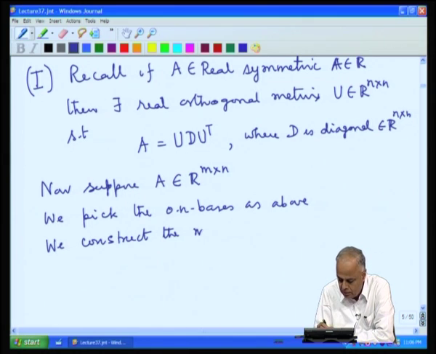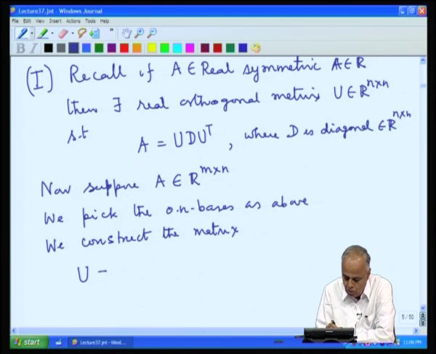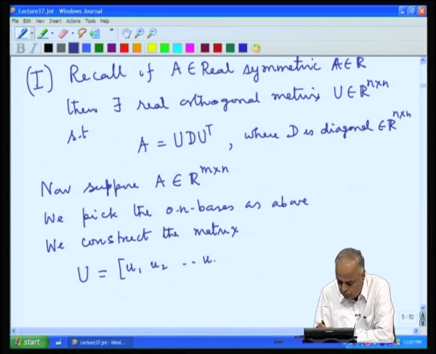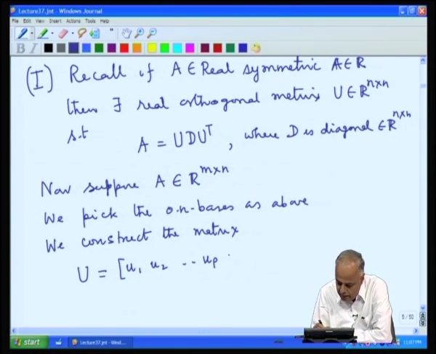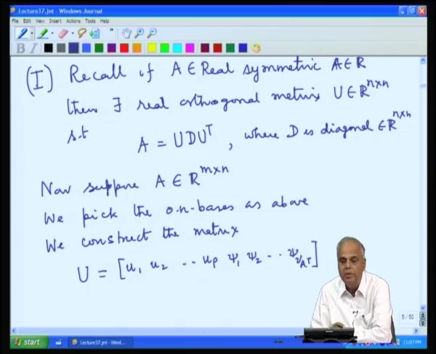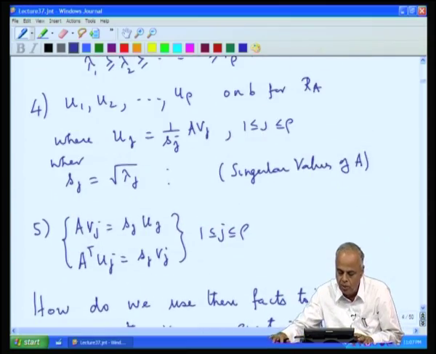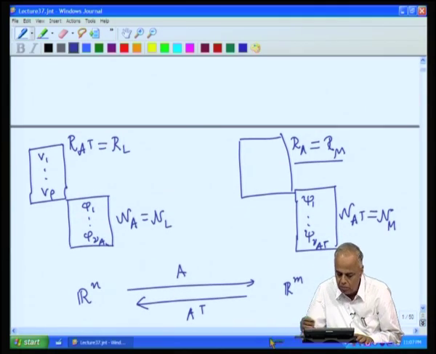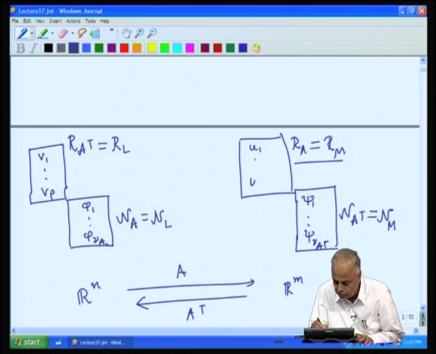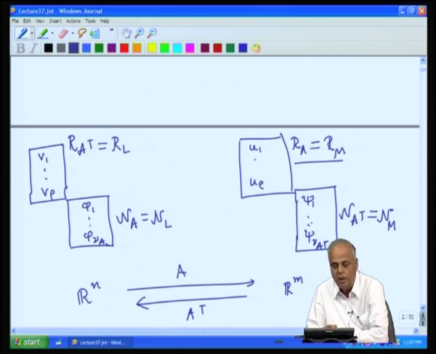Then we construct the matrix U whose columns are the vectors U 1, U 2, U rho, that is, the orthonormal basis for the range of A, and then the remaining basis coming from the null space of A transpose. So, U is a matrix whose columns are formed by U 1, U 2, U rho and psi 1, psi 2.